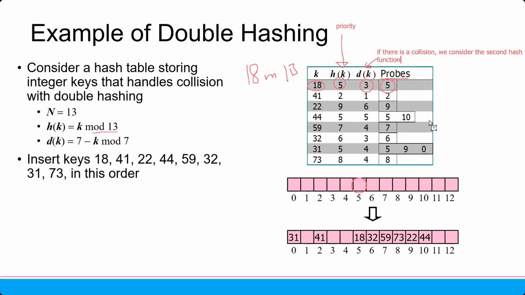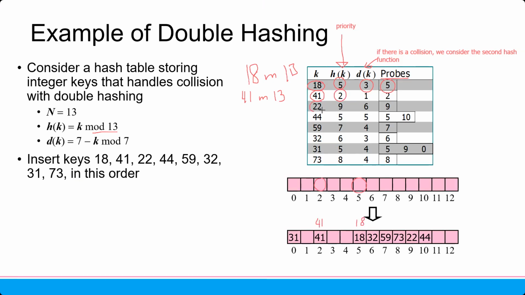Okay. Now let's check the second value, which is 41. 41 mod 13. What is it? This is 2. Now let's check. Is 2 empty? Yes, it is empty. So I put 41.